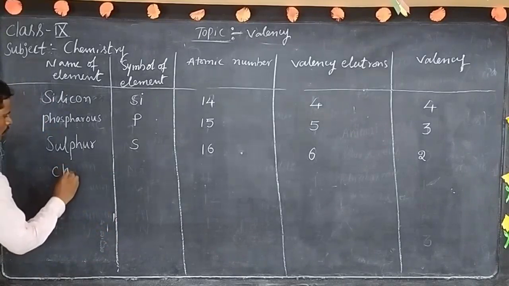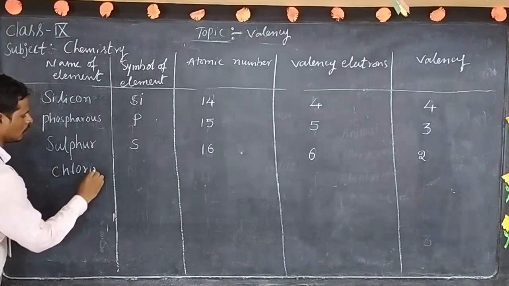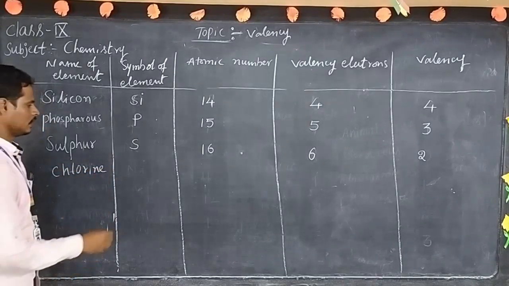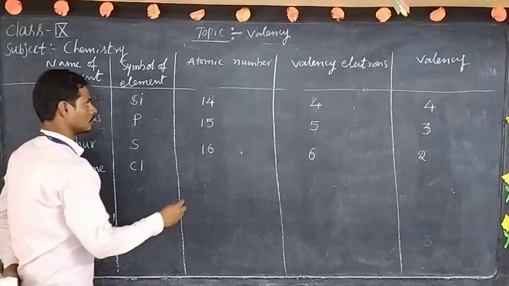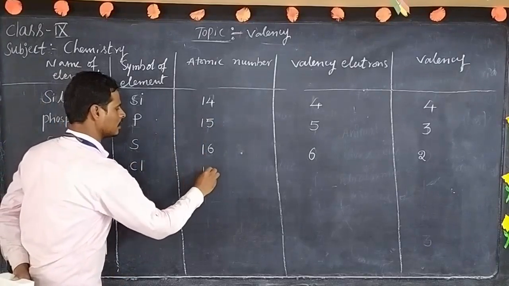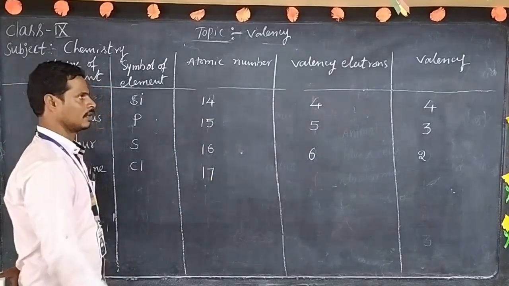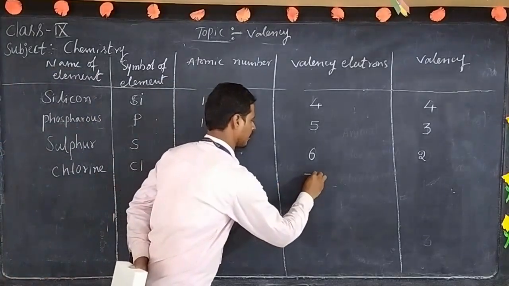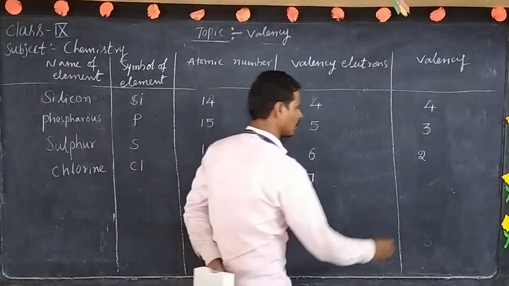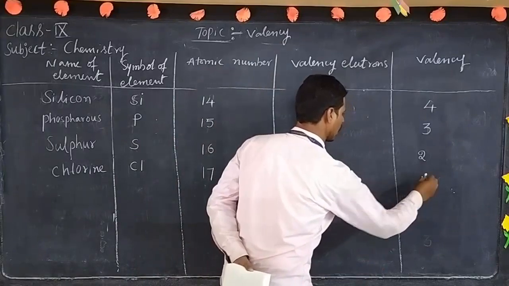Next, name of element chlorine. Symbol of chlorine Cl. Atomic number of chlorine 17. Valence electrons present in chlorine 7. Valency of chlorine 1.